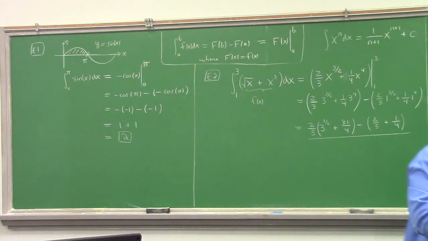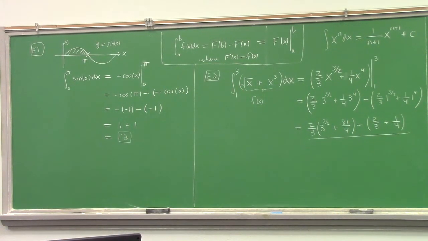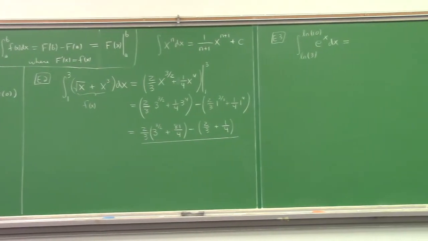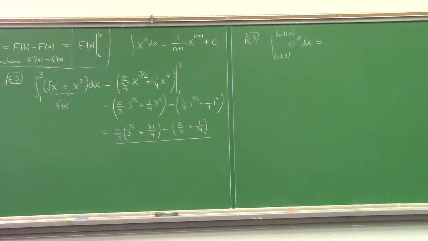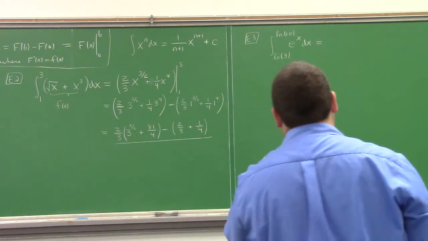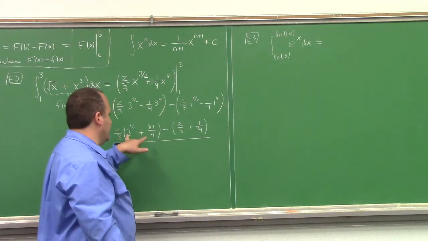And by the way, as a gut check on your calculation, when you get a number which is positive or negative for a definite integral, you should always ask yourself the question, does that make sense? Like this one, is this a positive number? It's kind of hard to see because it's not simplified, right? But this first term will dwarf the second.